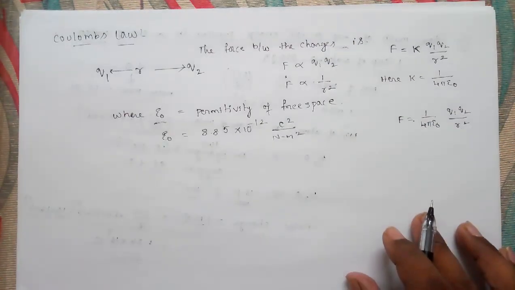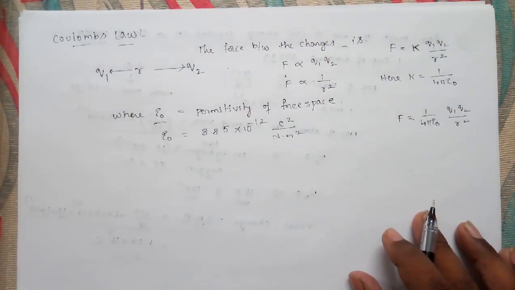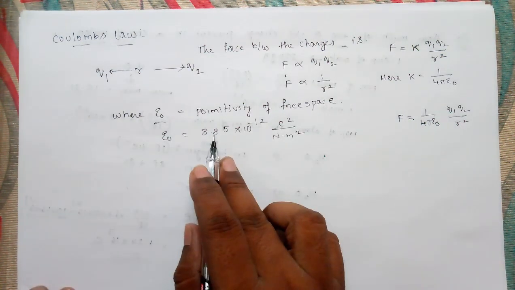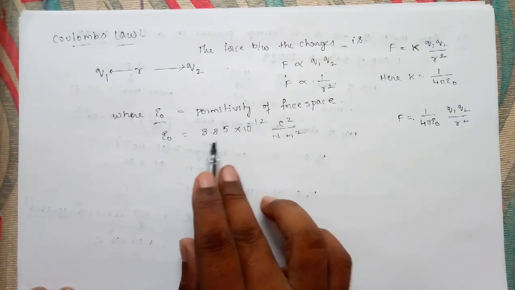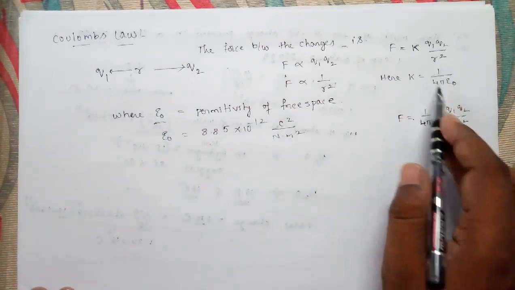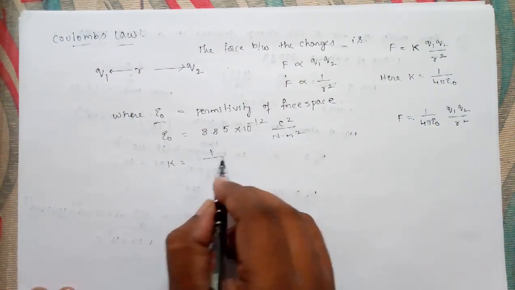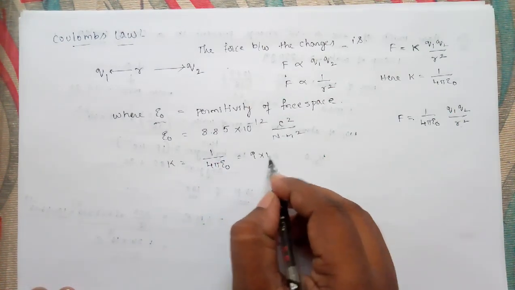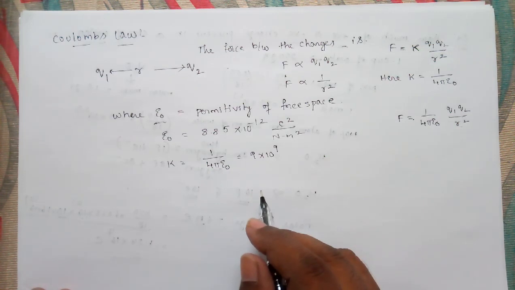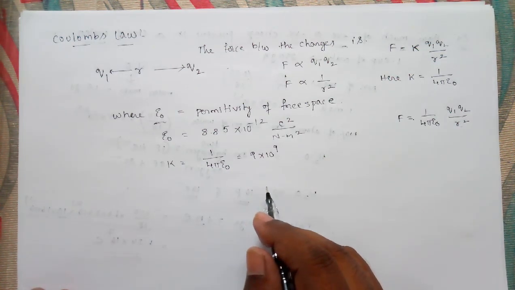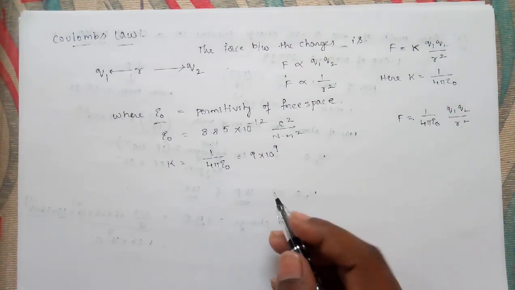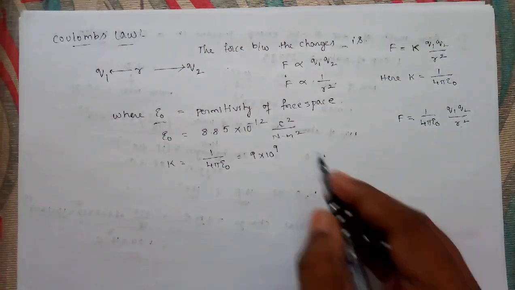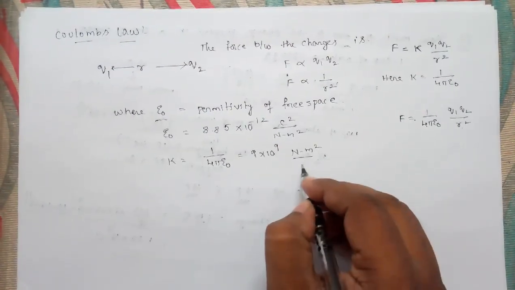Suppose it is other than free space, the force is going to change. If you substitute the epsilon naught value in this constant k equal to 1 by 4 pi epsilon naught, you will get 9 into 10 power 9, the proportionality constant. Its unit is Newton meter square per Coulomb square.